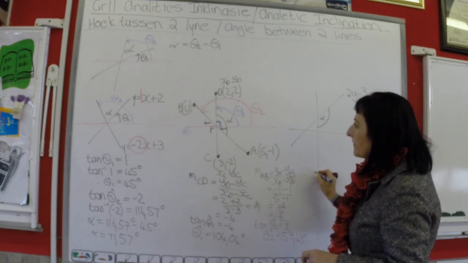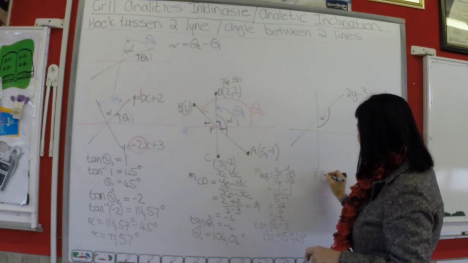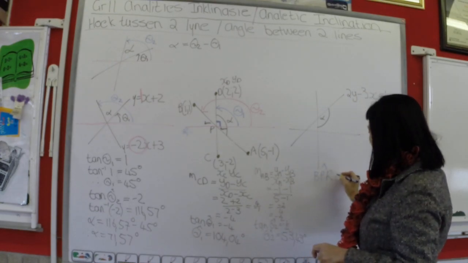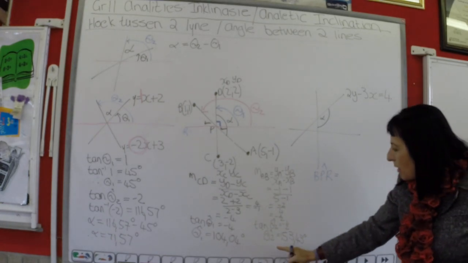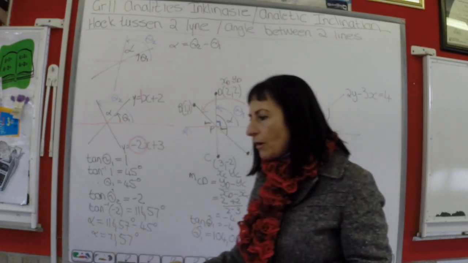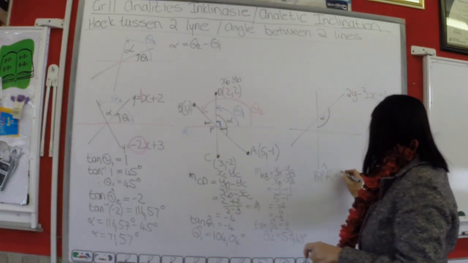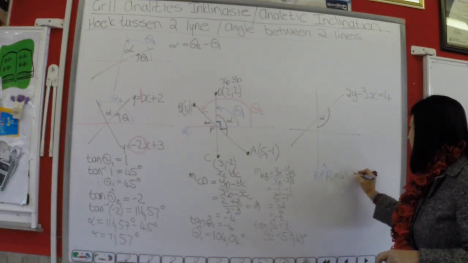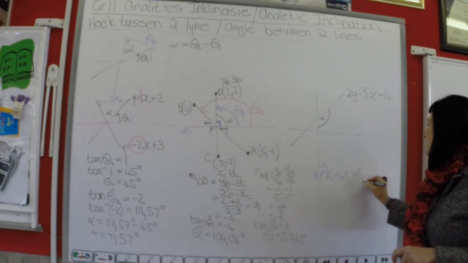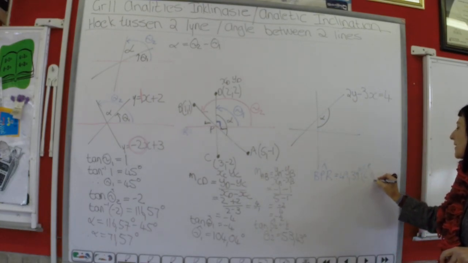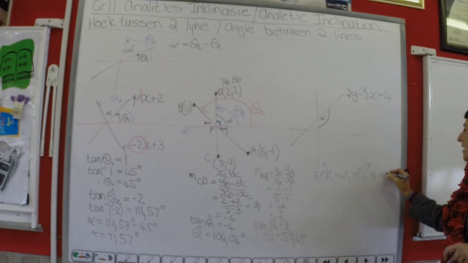So if we get BPR, it's 180 minus 153,43, and that's going to be 49,39 degrees. And why is that so? It is angles on a straight line. Angles on a straight line.